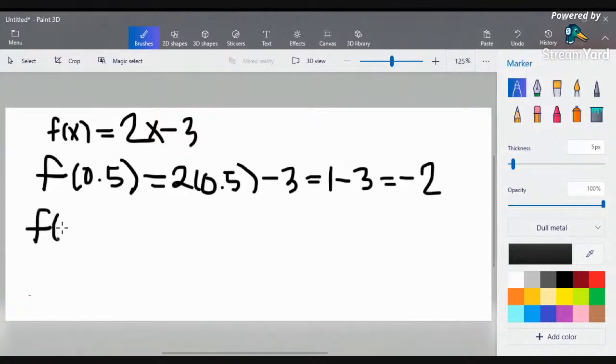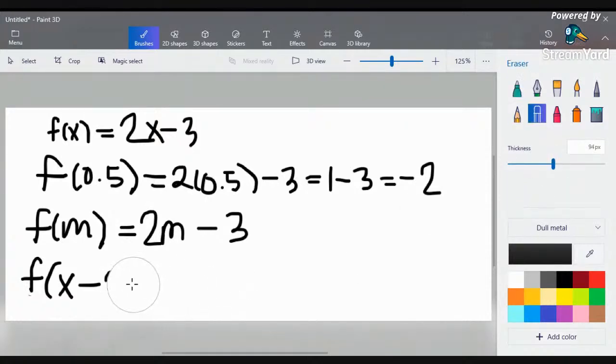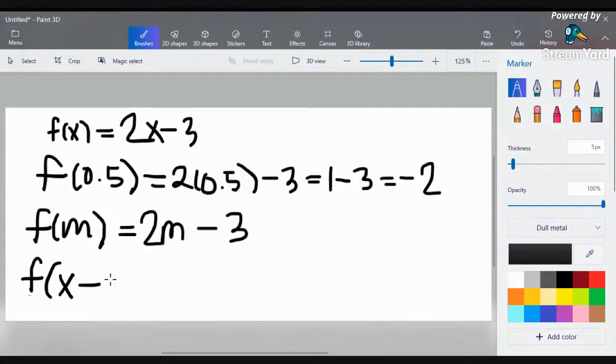If we have f of m, all we have to do is substitute m instead of x. So it becomes 2m minus 3. Next, if f of x minus 1, all we have to do is substitute x minus 1 for x.